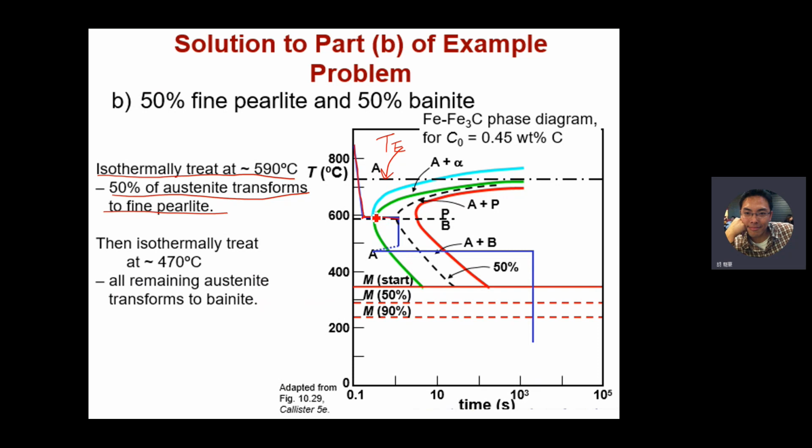During the time we remain, the pearlite forms continuously. So when the time keeps going, the pearlite forms continuously. And at this point, the pearlite structure is completely formed.